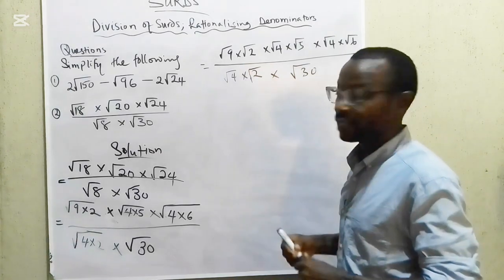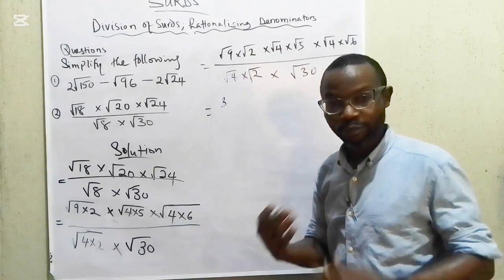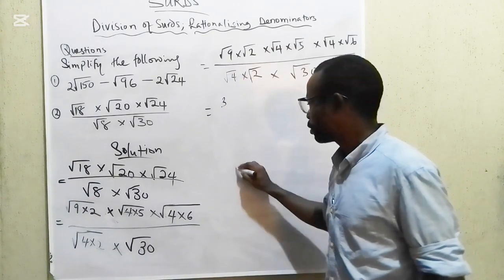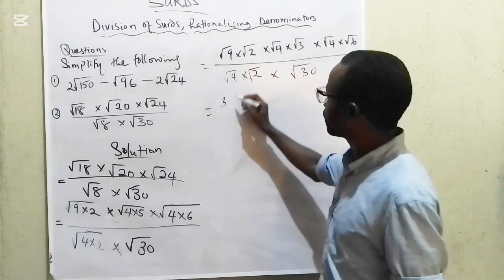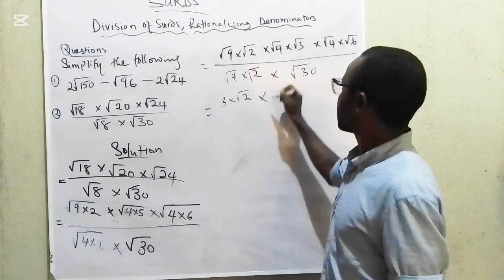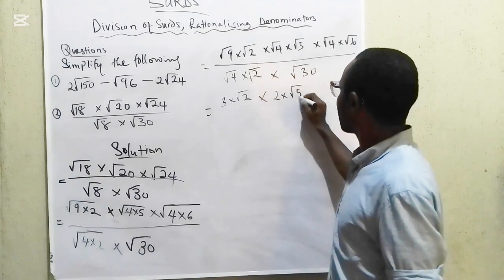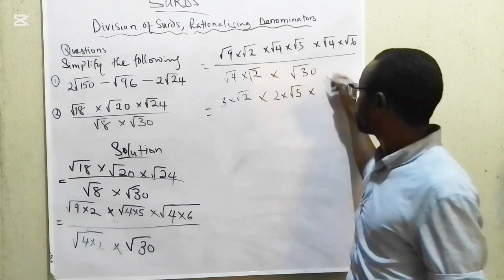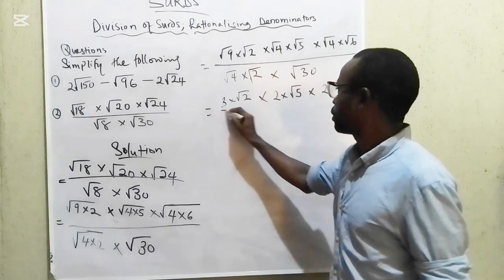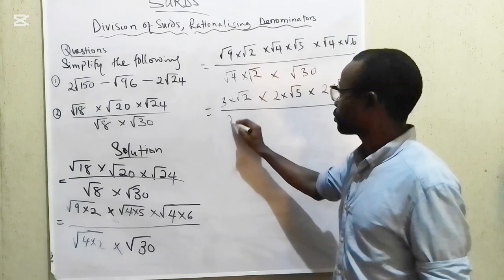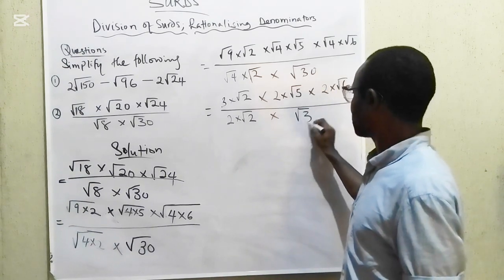So what's the square root of 9? The square root of 9 is 3, because 3 is the number that you multiply by itself to give 9. So the square root of 9 is the same thing as 3, right? So let's go. 3 is going to be 3 times 2, since the square root of 4 is 2, times root 5, times 2, the square root of 4, times root 6, all over the square root of 4, which is 2, times root 2 times root 30.